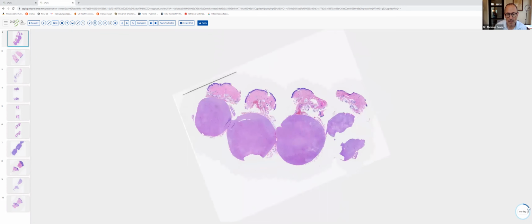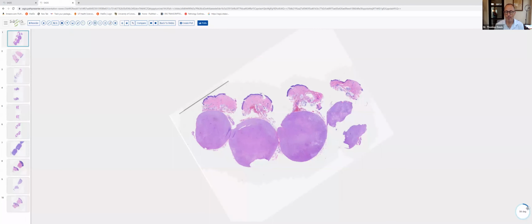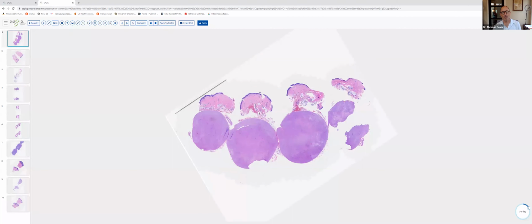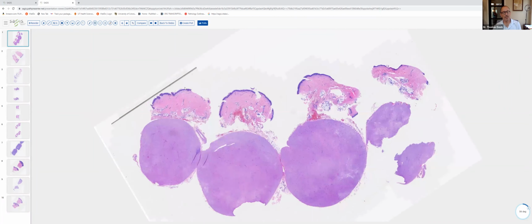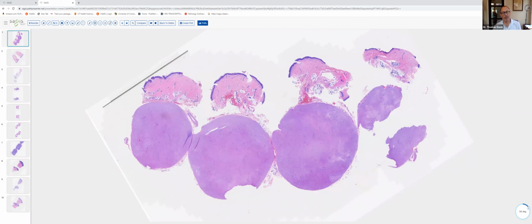Slide one, the specimen is an incisional biopsy. This particular incisional biopsy specimen was from the distal lower extremity. And how do we know this is from the lower extremity? Well, the dermis here is relatively thin. We can see a fair amount of fat.